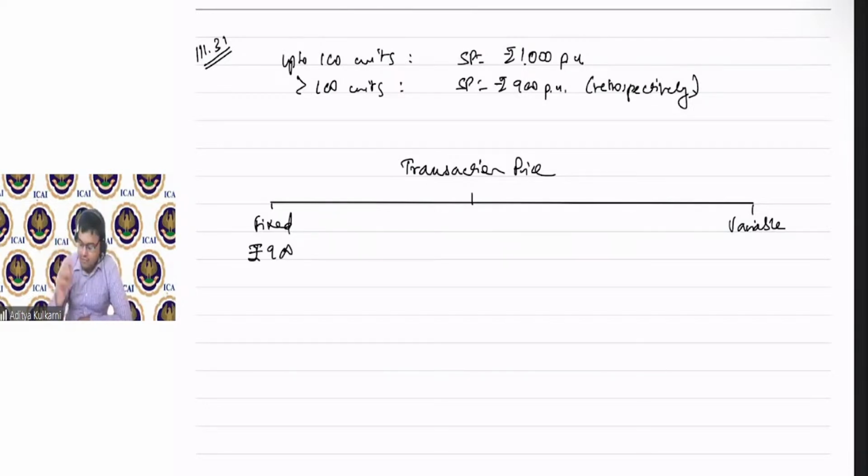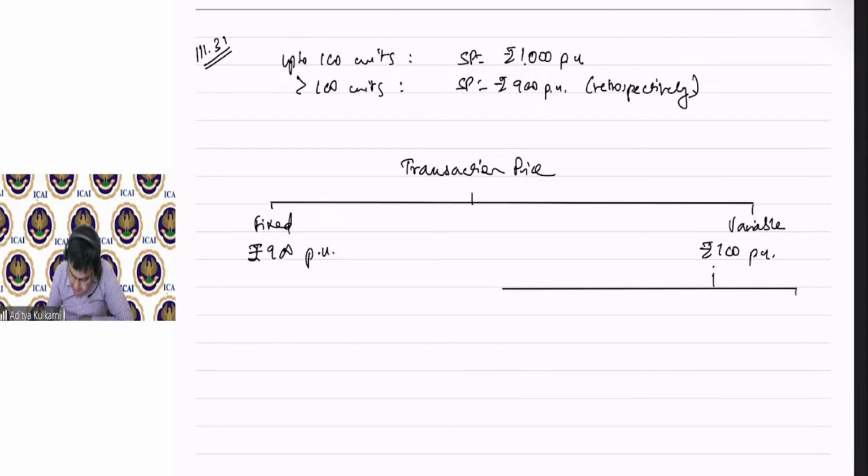So 900 is fixed. This will always be included in the transaction price. The variable component is rupees 100 per unit. Whether to include it in the transaction price or not, we will have to see. For that purpose, we will have to evaluate whether it is subject to constraint or not.